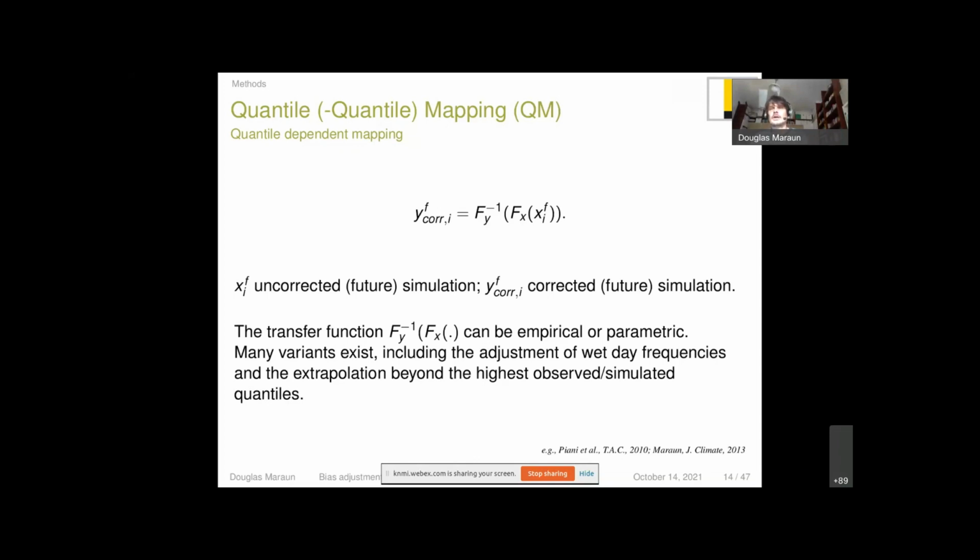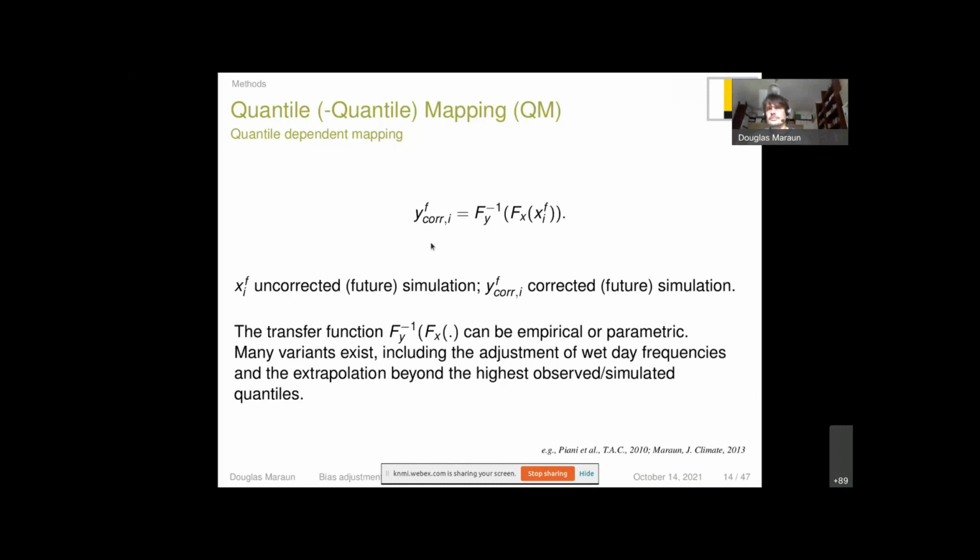So you would do a different correction for the median, or for the 5th percentile, or for the 95th percentile. That means for the low values and for the very high values. So what you do is you define a transfer function, which gets you a corrected value. I will show you this on a figure in a second.